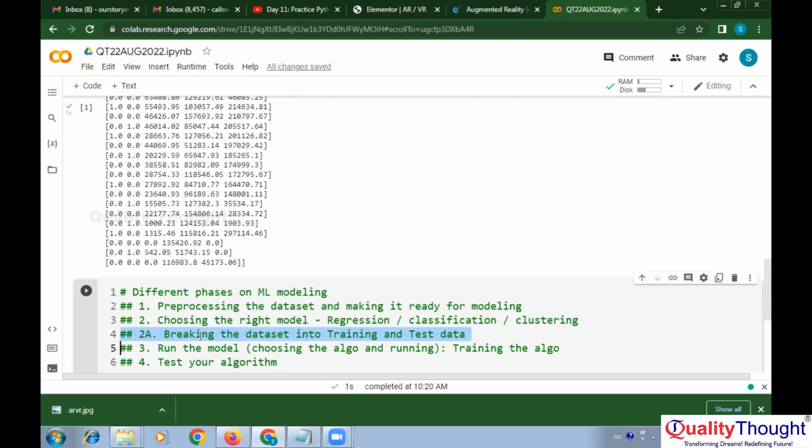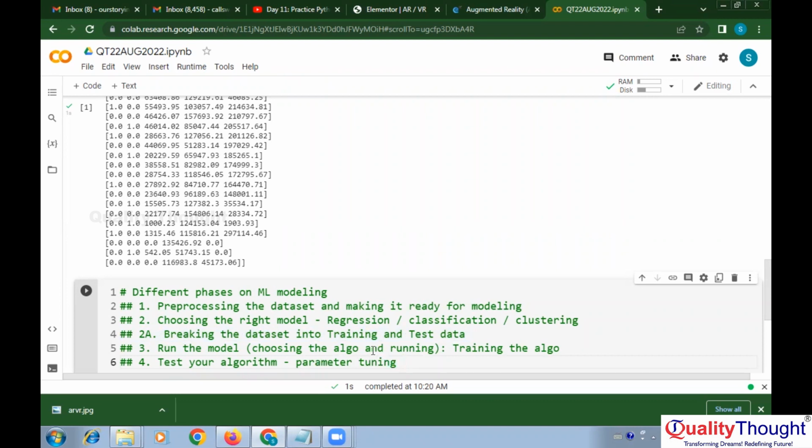Then, you have run the model. Now, which parameter to tune? So when I say test the algorithm, it is parameter tuning. That is the most critical thing, right?